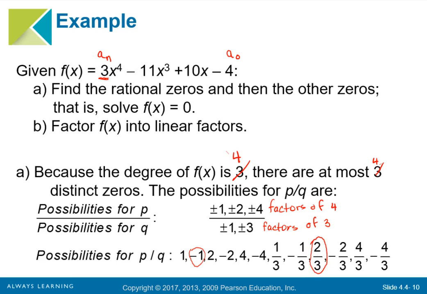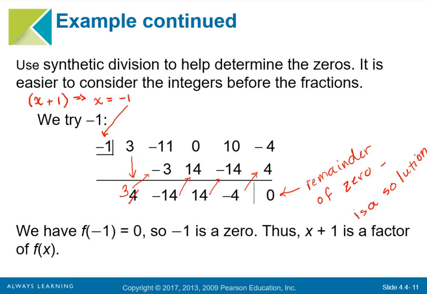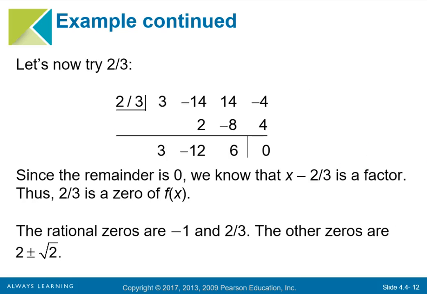All right, so moving back to our synthetic division. 2/3 is our multiplier in this case. We're going to take our 3 to come down. 2/3 of 3 is going to be a 2. Negative 14 plus 2 gets me negative 12.